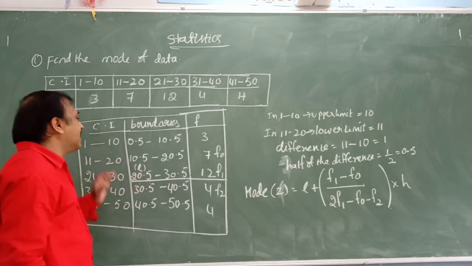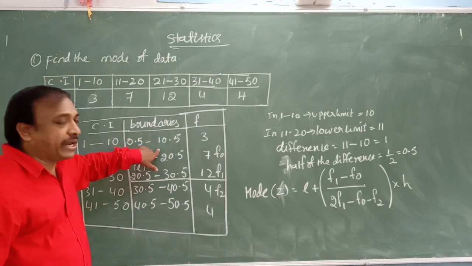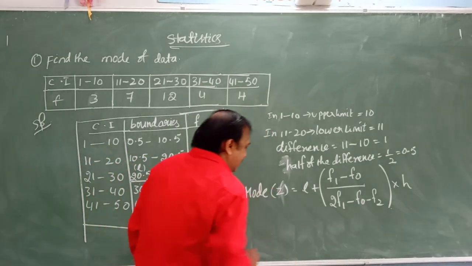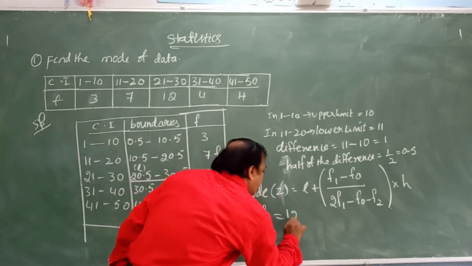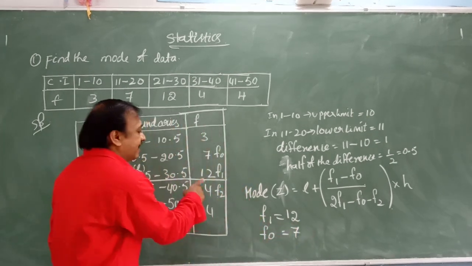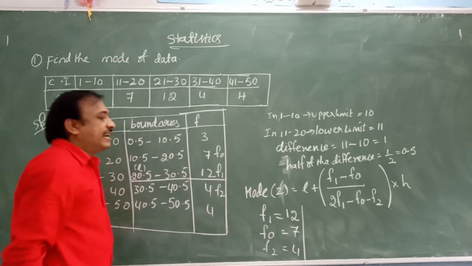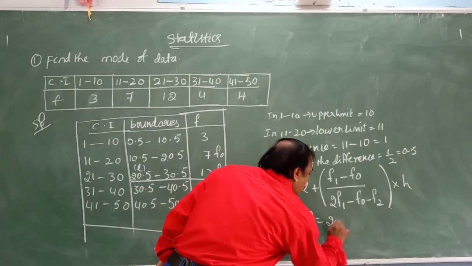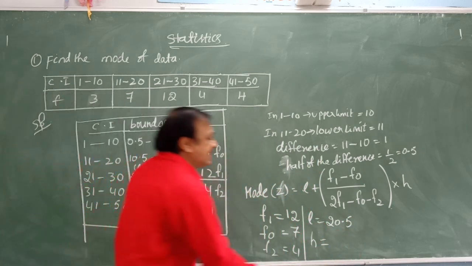The class size, you can check here, is 10. What is the class size? 10. So we write those values first. f1 is equal to 12, f0 is equal to 7, then f2 is equal to 4. L value, lower limit, is 20.5, and h, class size, is 10.